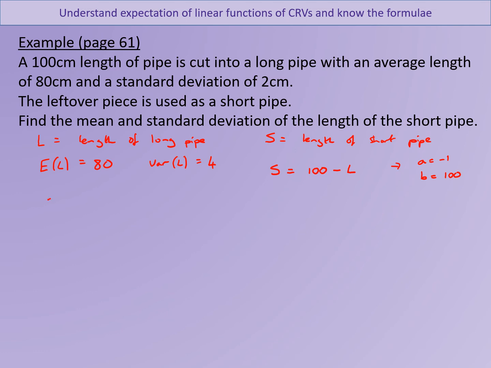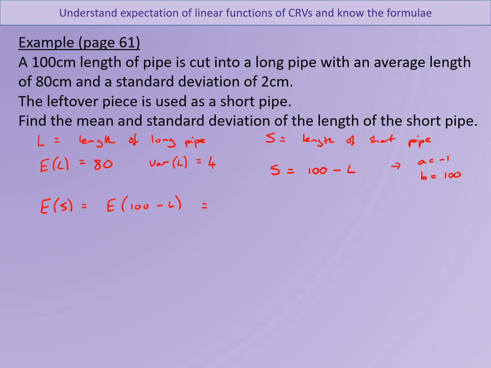We now want to consider what the expected value of S is going to be. So we're looking for the expected value of 100 minus L. Using the formula, this is going to be a times the expected value of L plus b.